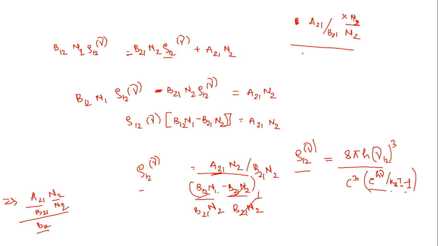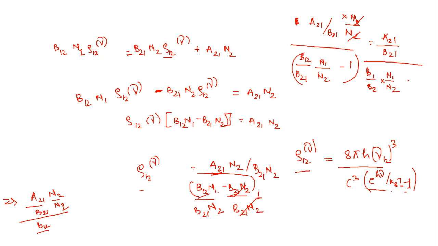Okay. And then in the denominator side, it will be B12 by B21 into N1 by N2 minus 1. Got it? Now this N2 and N2 will be cancelled, and A21 upon B21 whole upon B12 by B21 into N1 by N2.